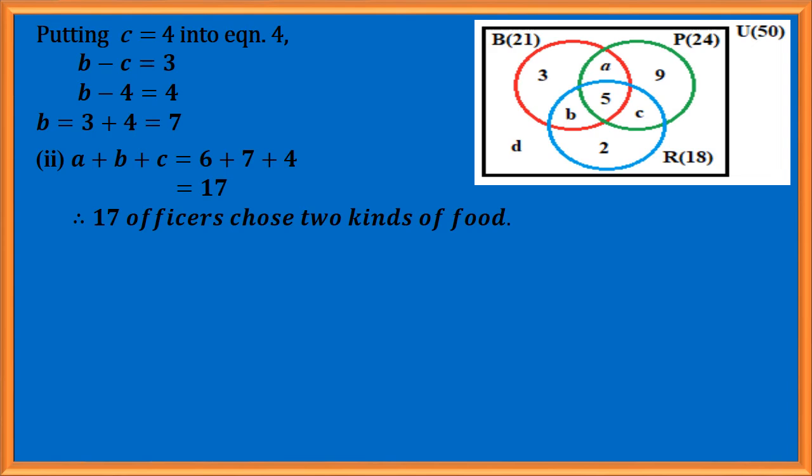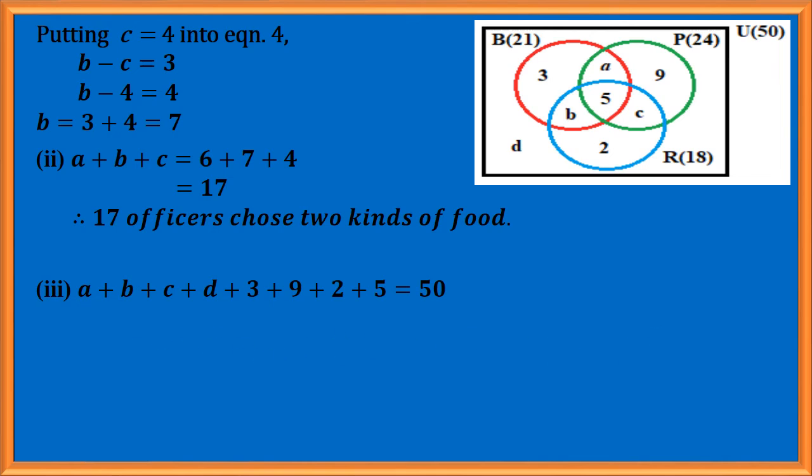Then for Roman number 3, those who chose none of the 3 kinds of food, we first of all have to find the value of this D. So finding D, we have to add all the components here, and we should get 50. So adding the components, we'll have A plus B plus C plus D plus 3 plus 9 plus 2 plus 5 should be equal to 50.